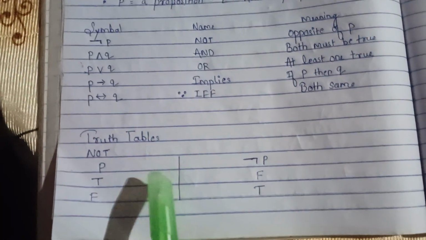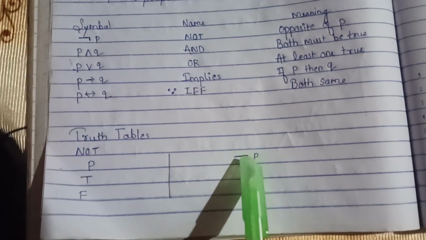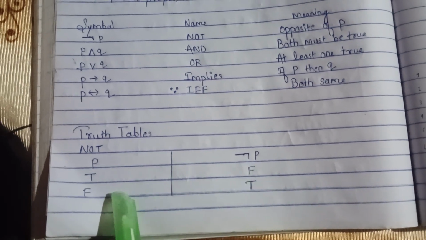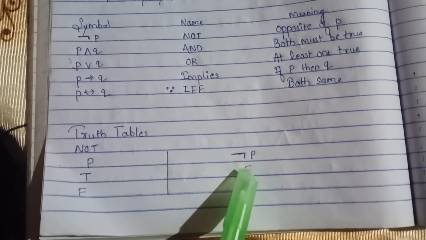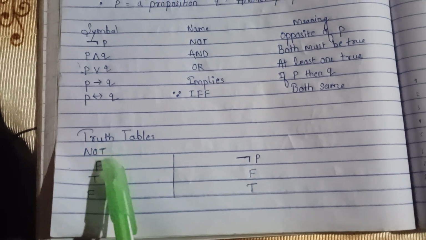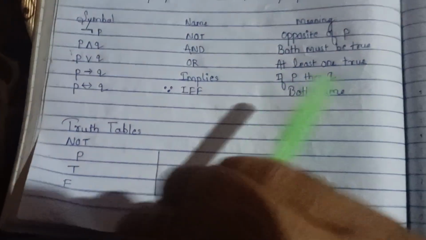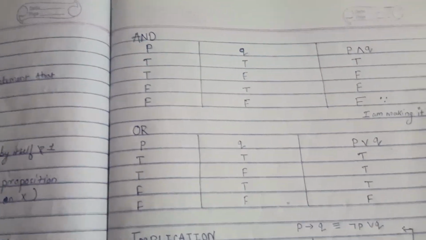Whatever true we have, when we apply not, it becomes false. The same happens with false, it becomes true. So false becomes true and true becomes false in not. Remember this. It's just the opposite of what we have.